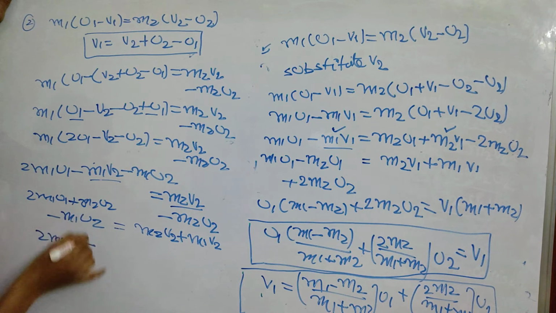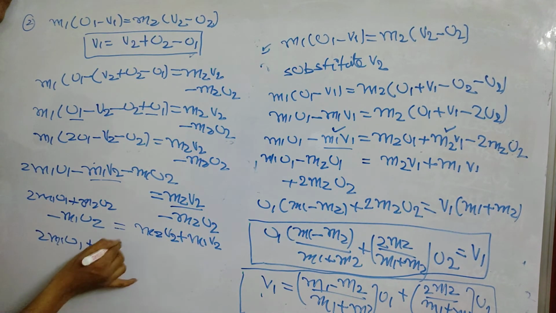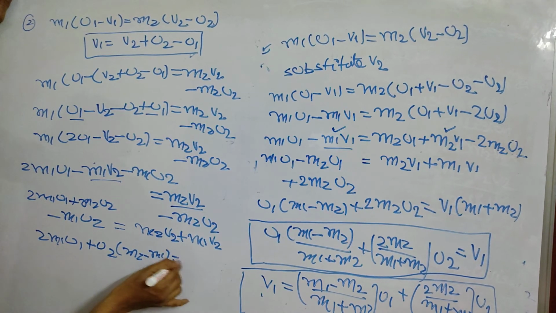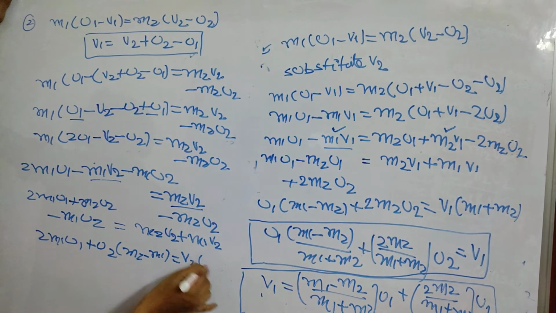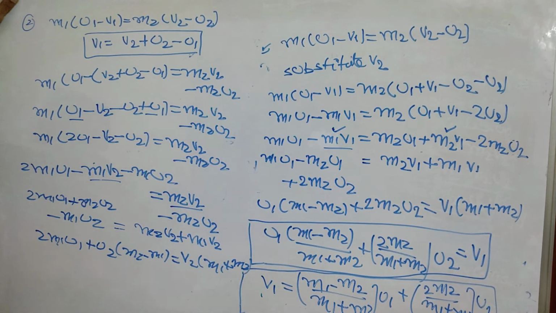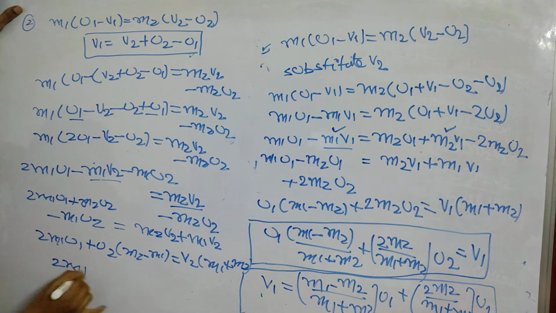2m1 u1 plus u2 if we take as common, m2 minus m1, that should be equal to v2 taking common m1 plus m2. Divide the value by m1 plus m2 now. Then what will come? 2m1 by m1 plus m2.